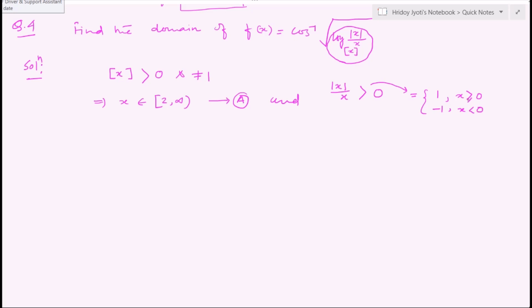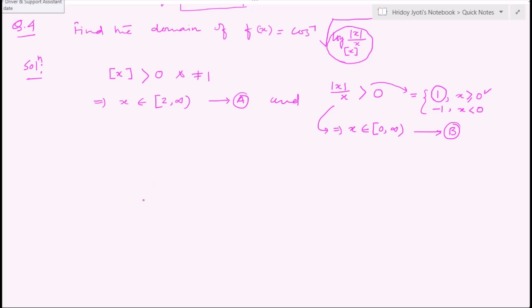It has to be greater than 0, so modulus of x by x is giving us 1. So we'll take this interval, x belonging to 0 to infinity, an open interval. So this one will also give one equation, B.